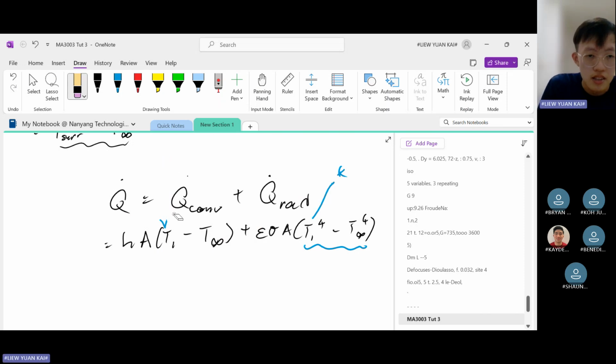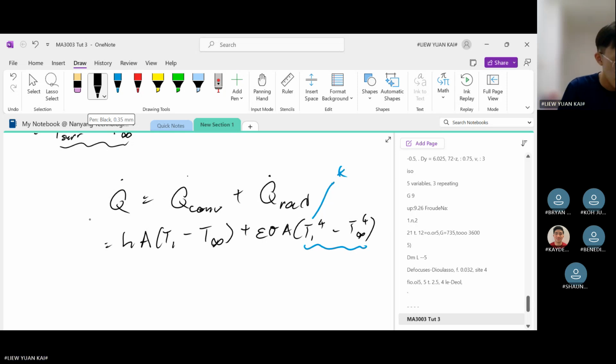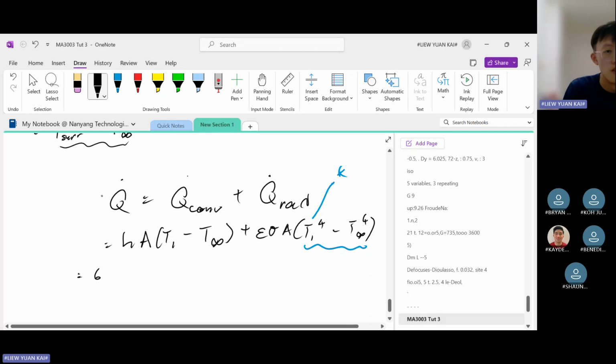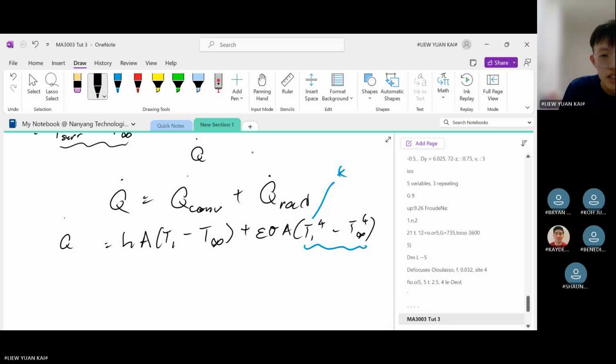So let's plug in our values. H is 6. Oh, let me do something further. Because they ask for heat flux, and heat flux is not the same as heat transfer. This is heat transfer, but this is heat flux.